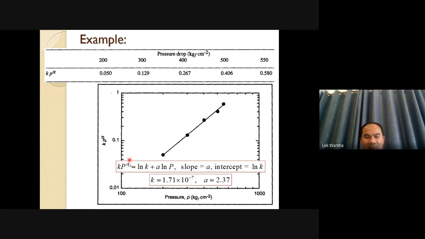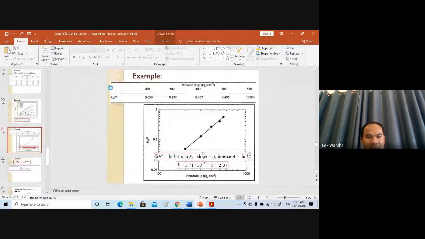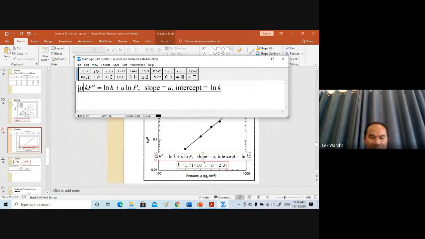That's like Kp alpha equal to log K plus A log P, if you take log. Okay, if you plot the curve between log Kp alpha and log P, sorry, I forgot it. This should be log.